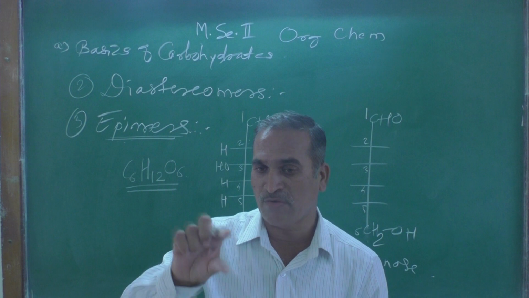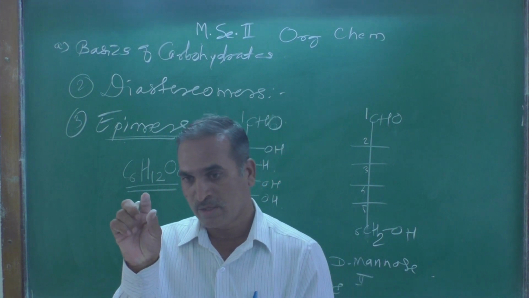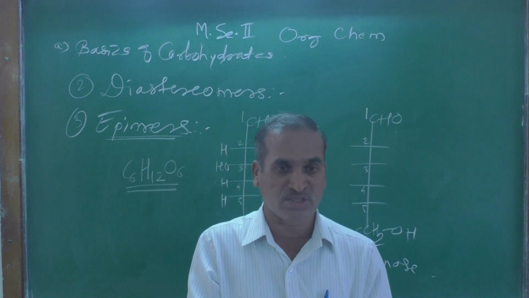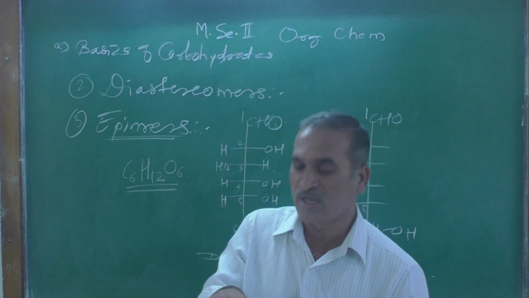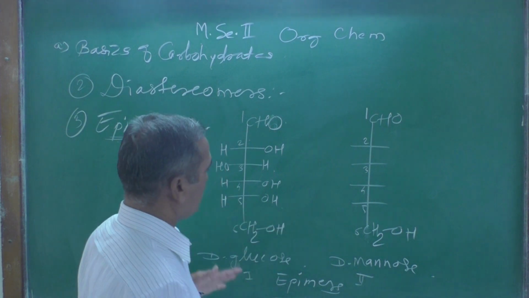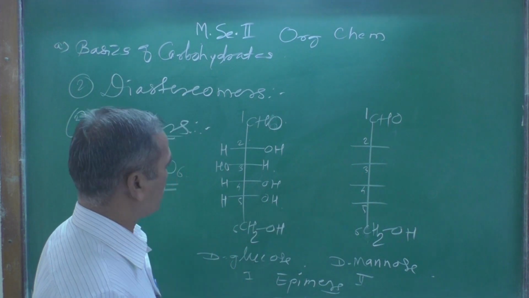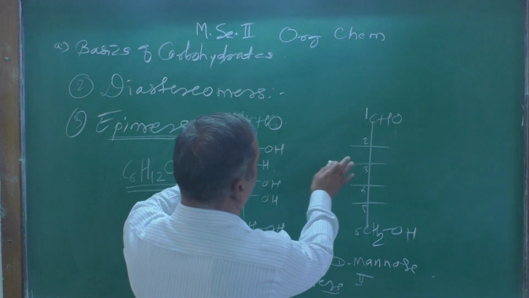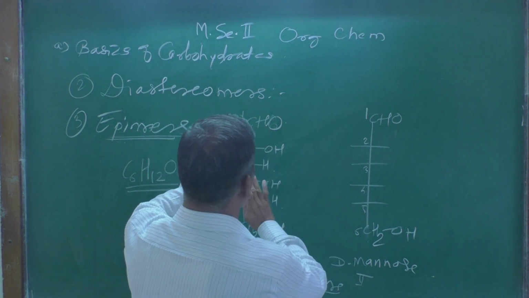The arrangement of the four groups attached to the chiral center in space is known as the absolute configuration. Look here: at the C2 position only I am changing, so they are epimers of each other.